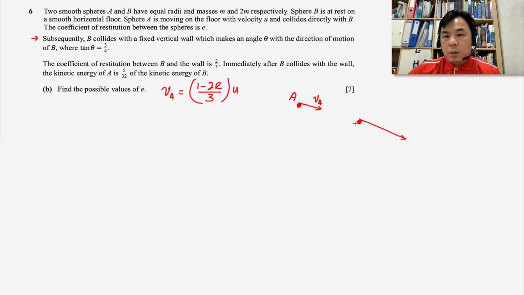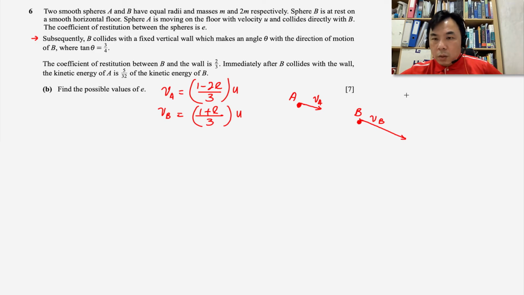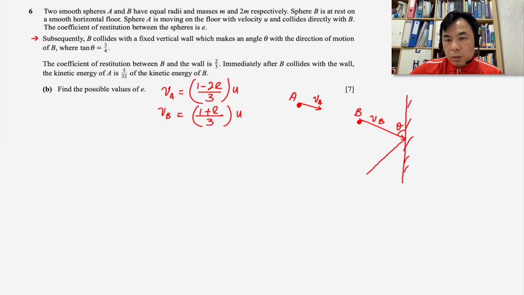Its velocity before it collides with the wall is VB, which is given by 1 plus e over 3 times U here. And then the wall is over here, making an angle theta to the direction of the motion of B. This is the wall. All right. For sure it's going to bounce off from here for B itself.